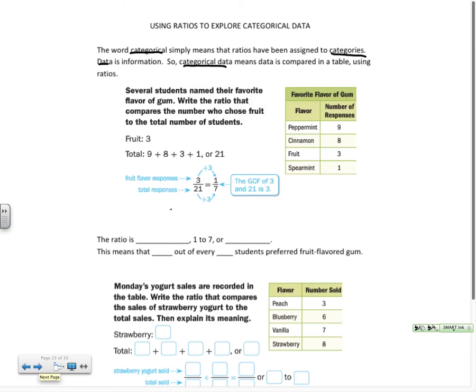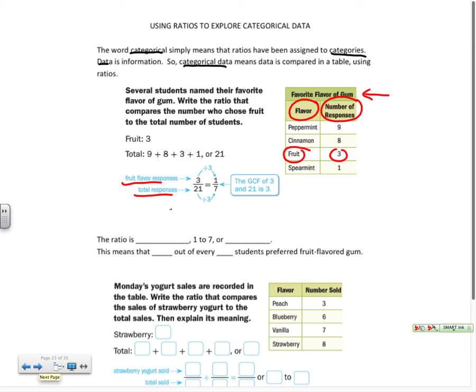Several students named their favorite flavor of gum. Write the ratio that compares the number who chose fruit to the total number of students. So we're comparing fruit flavored to the total. Those are the two things that are being compared. So in our chart, we can see favorite flavor of gum. We have the flavor. We have the number of responses. I need to find the fruit, which is 3.